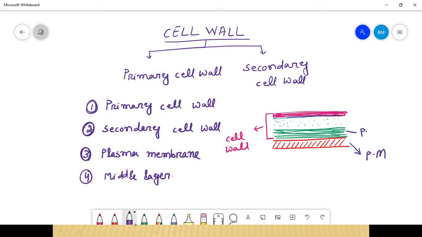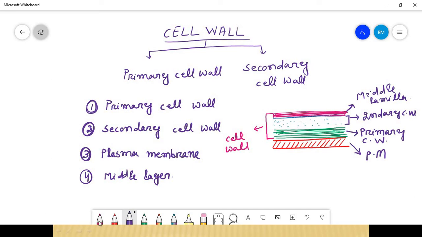This is the primary cell wall, CW, and this one is the secondary cell wall, and this one is the middle lamella. So I hope you got the structure properly.